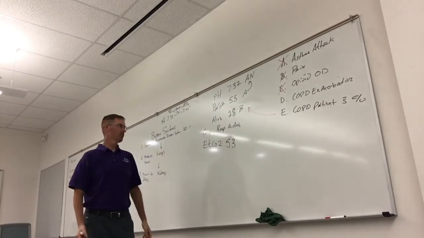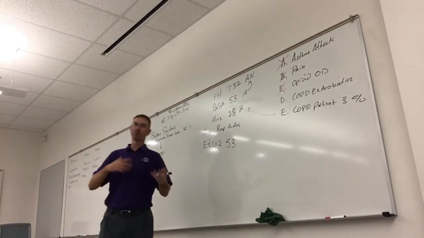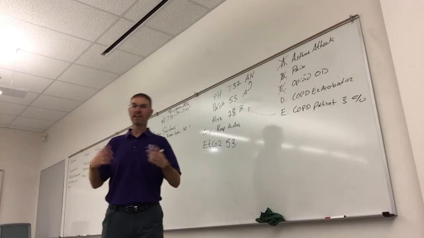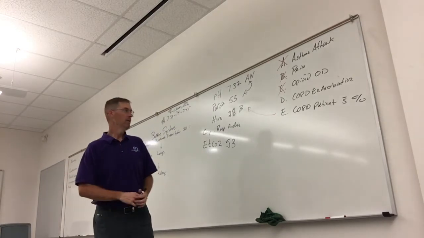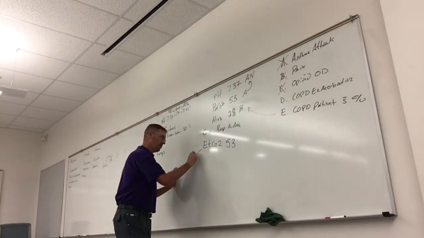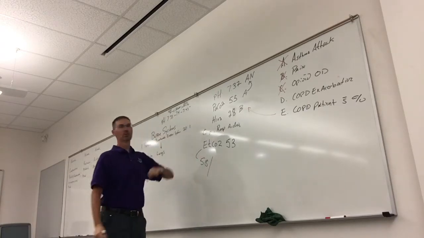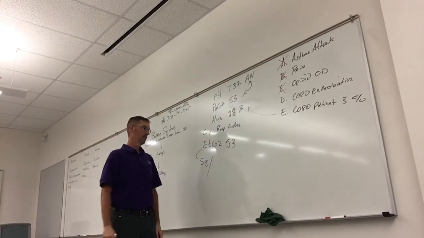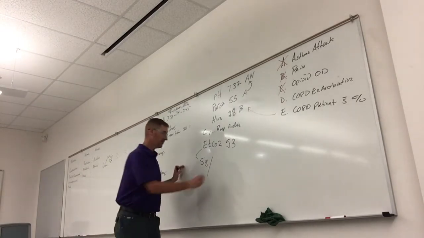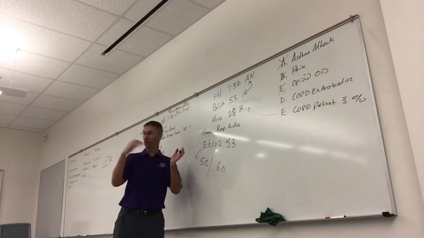During the transport, provided your patient's blood pressure and heart rate don't change that much, if their end-tidal CO2 goes to 58, that would suggest their PaCO2 is approximately 60, because there's approximately a 2 millimeter difference.